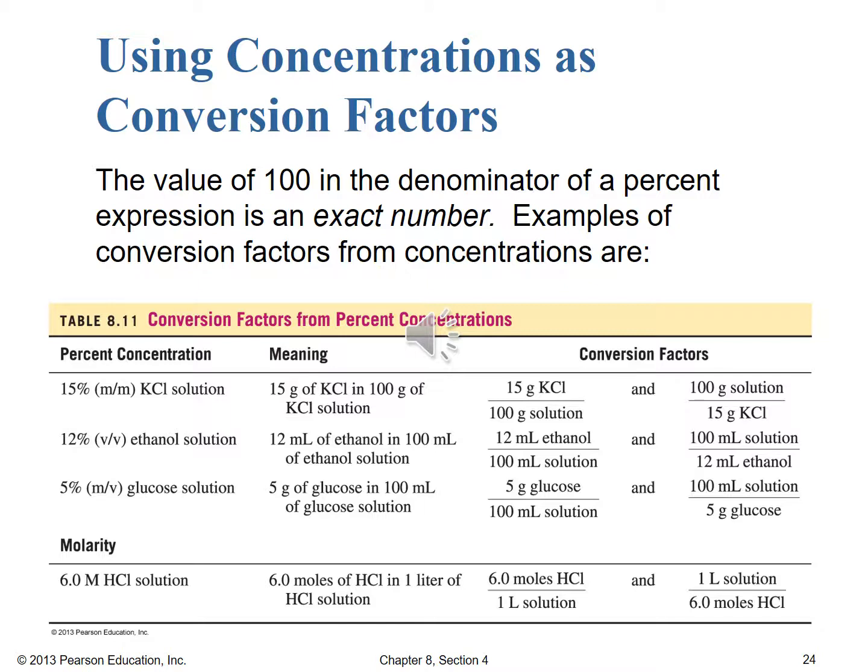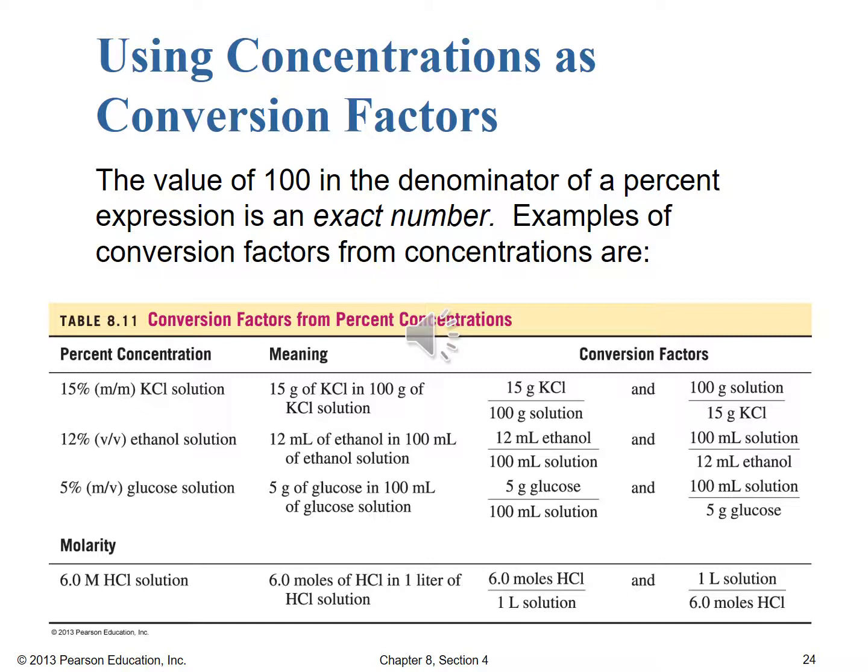Likewise, the 12% volume per volume ethanol solution could be a conversion factor as 12 milliliters of ethanol per 100 milliliters of solution, or the inverse, 100 milliliters of solution per 12 milliliters of ethanol. And again, the 100 for the solution volume is exact. The 12 milliliters for the ethanol would be our sig fig limiter.